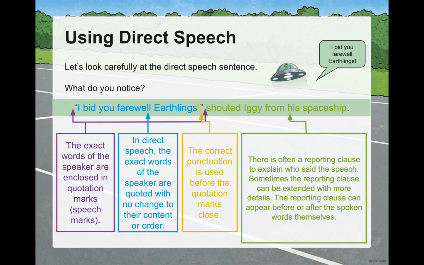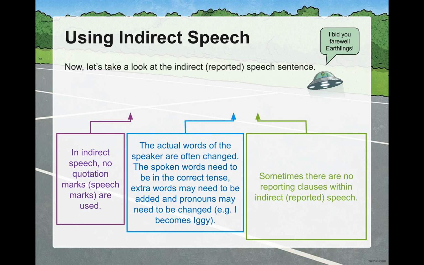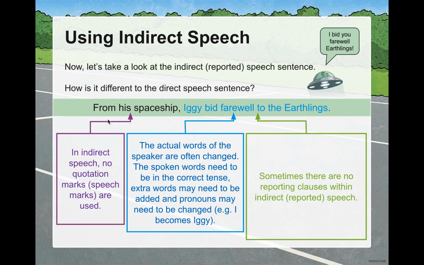Let's take a look at the indirect example now. "From his spaceship, Iggy bid farewell to the Earthlings." So now the actual words are changed a little bit because he said, "I bid farewell, Earthlings." So this is not exactly what he said. It's just explaining to you.